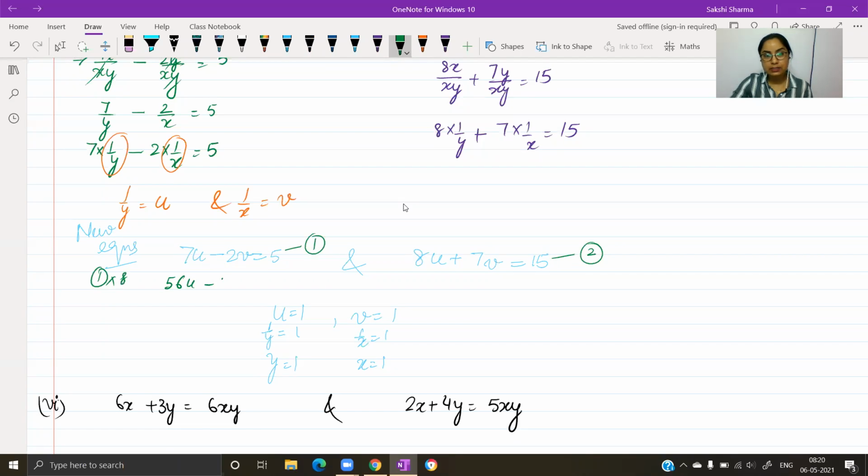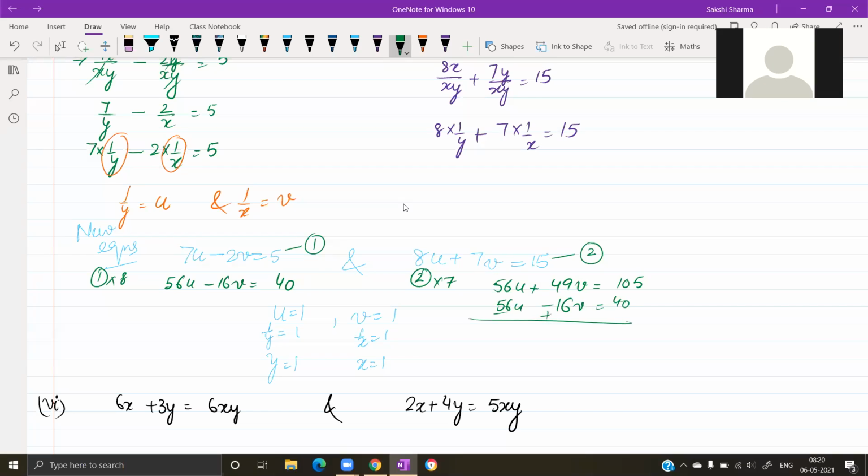This becomes 56u minus 16v equals to 40, and multiplying equation number 2 with 7, you get 56u plus 49v equals to 105. Now you may subtract the two. I hope you'll get your answer. 56u minus 16v equals to 40. So this becomes 65v equals to 65. V comes out to be 1.